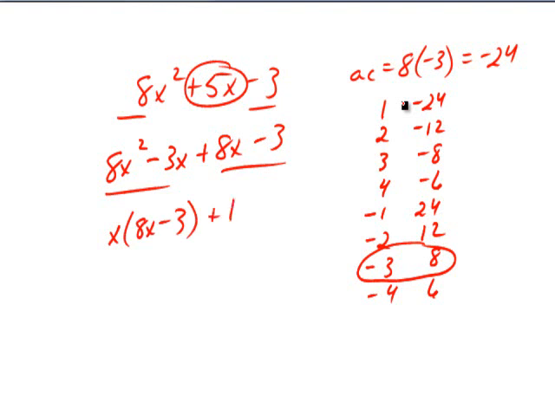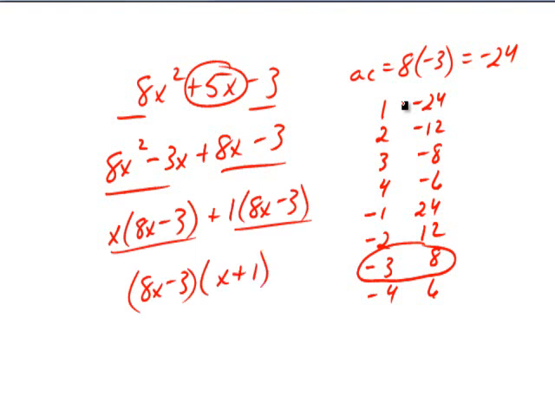Factoring the last two together, we can factor out 1. We have two parts that share 8x minus 3 as a common factor. If I factor that out, I have x plus 1 as the other factor. You may want to try the same problem interchanging the 8x and the negative 3x, and you should get the same answer.